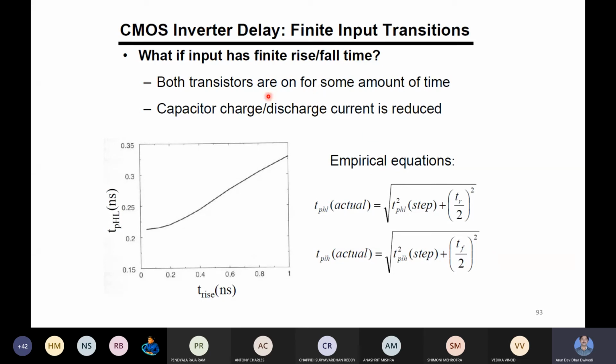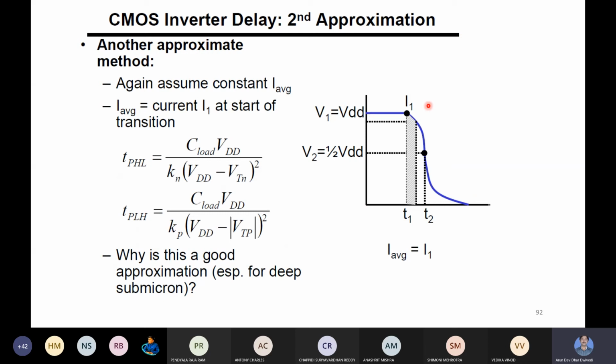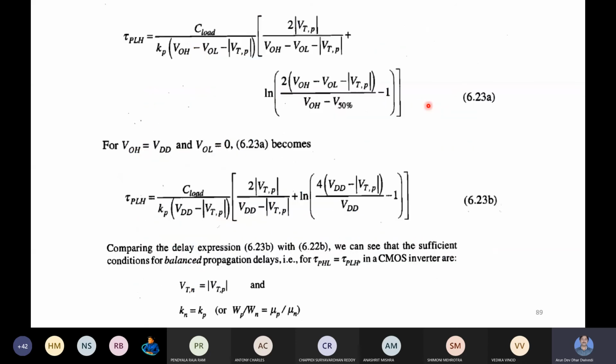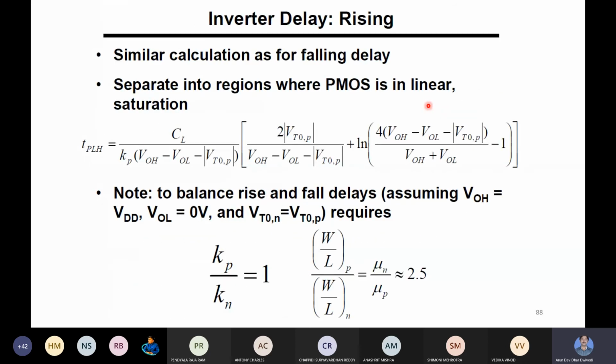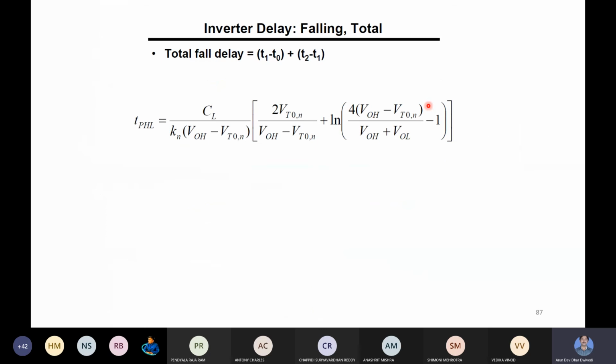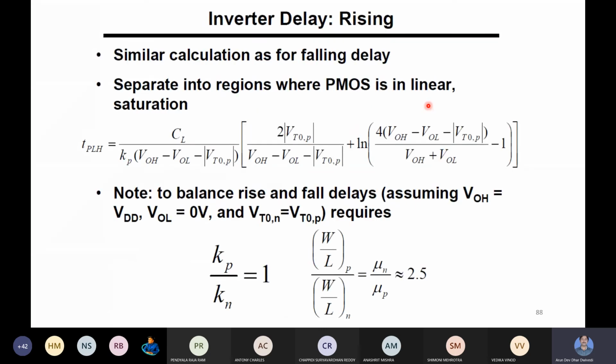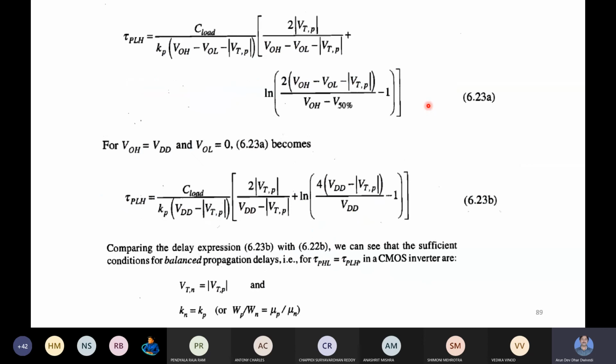If it has some rise time and fall time, then all the results which we derived previously, all these TPHL and TPLH, are valid only for the step input.